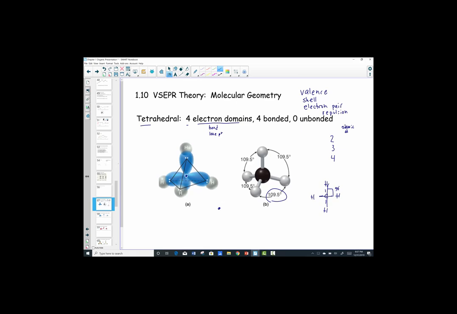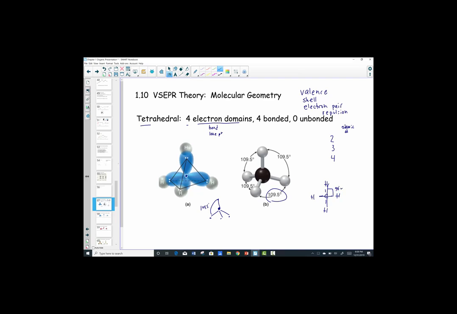If we place that central atom and have 3 of the 4 domains pointing down, like the base of a pyramid, and 1 pointing straight up, we have 109.5 degree bond angles in all directions. Clearly that is maximized compared to 90 degrees.